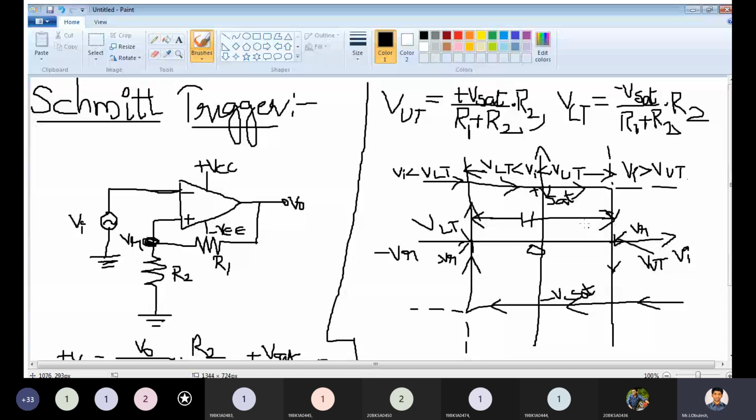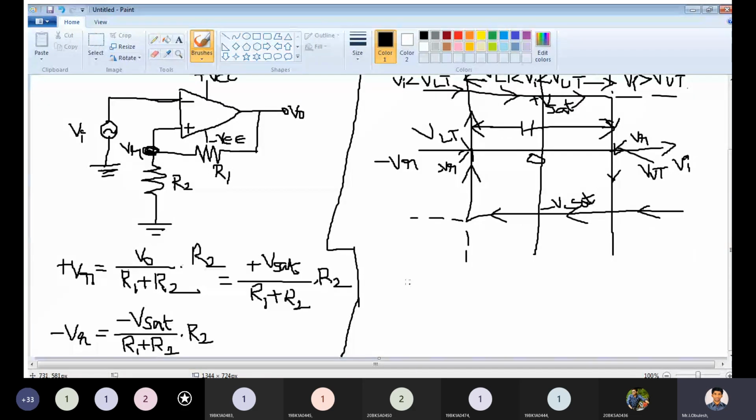The difference between the upper threshold and the lower threshold is called the width of hysteresis, which is denoted as H. H is equal to VUT minus VLT.